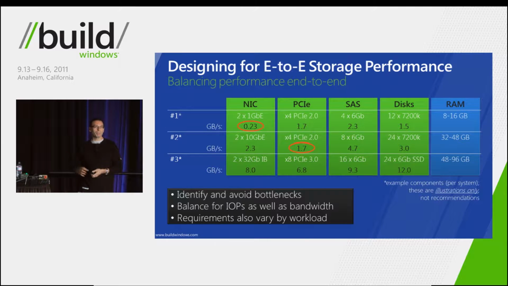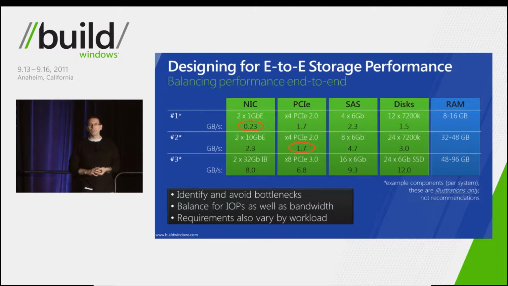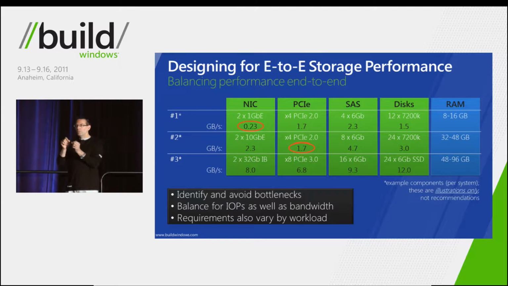You saw from some of the demos, we can pump out a lot of data with relatively low CPU, but it does need memory for open handles, for instance, and that varies by workload. But identify the bottlenecks, balance this stuff across the various places where the data has to pass.